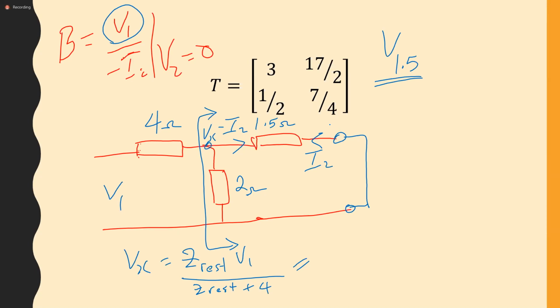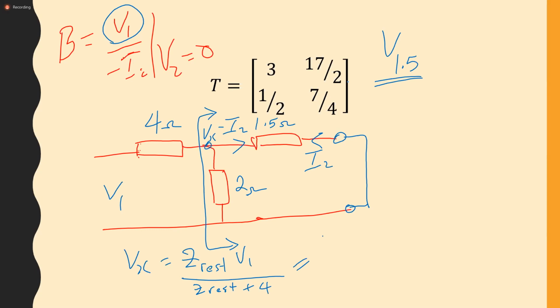So we have the 1.5 and the 2. Yes, they're in parallel. What's the combined resistance of the 1.5 and the 2? How are you going to find it? They are in parallel. Come on, quick. It will be 3 over 3.5.